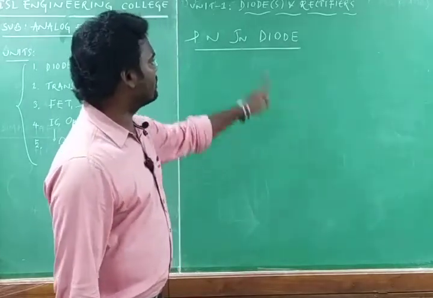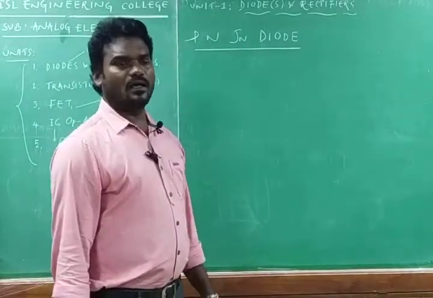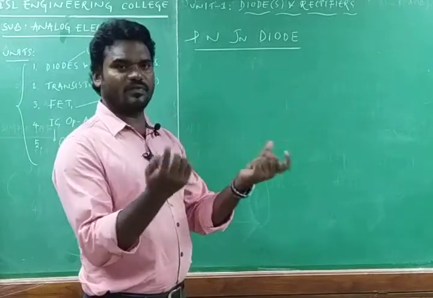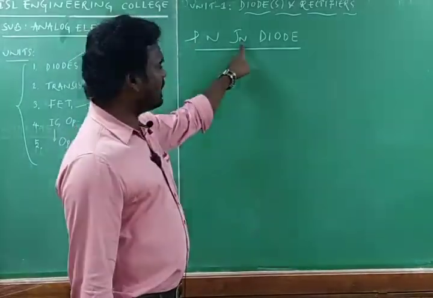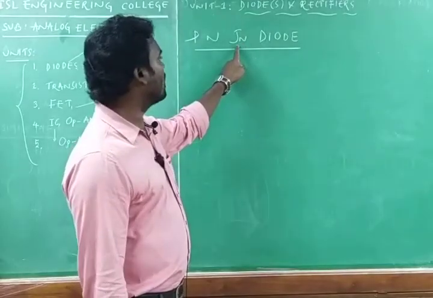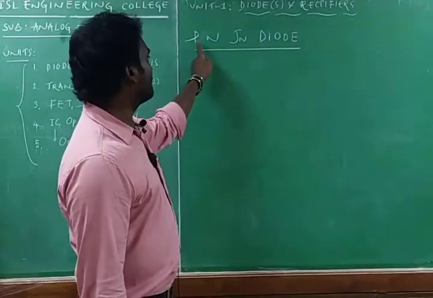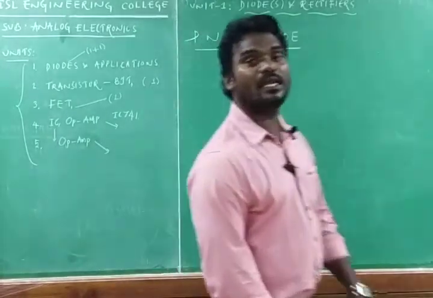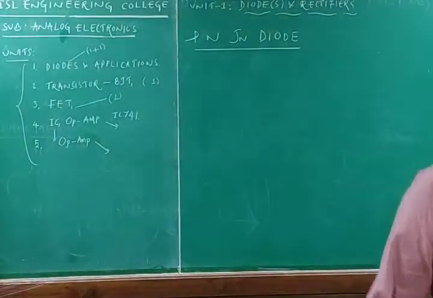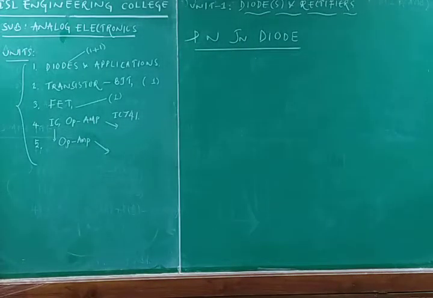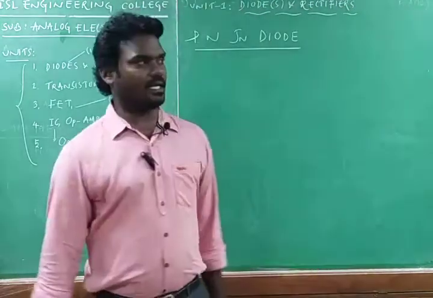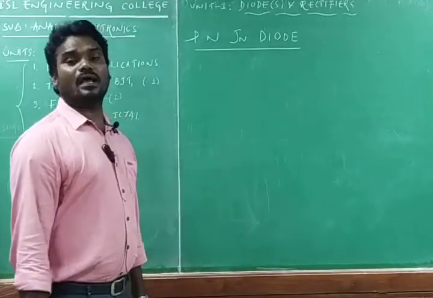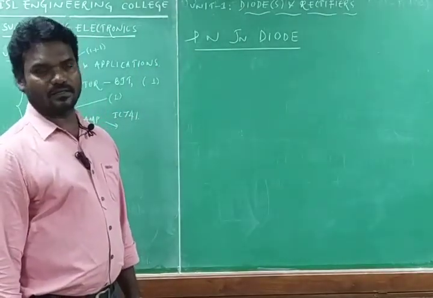A junction is a common or meeting point between two different layers, and here it is the junction between P and N semiconductors. P is one semiconductor material, N is another semiconductor material.